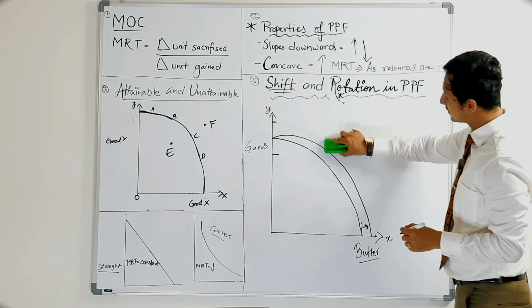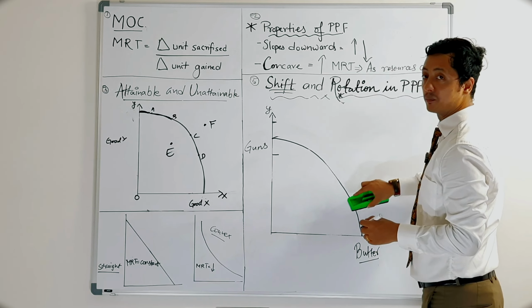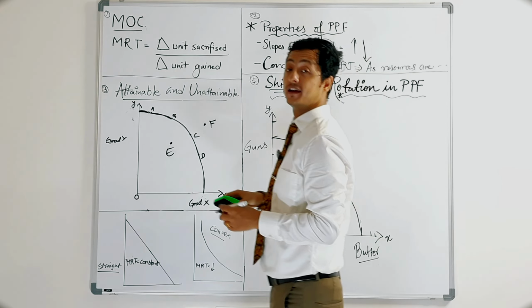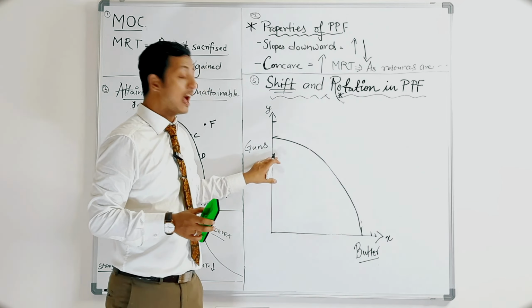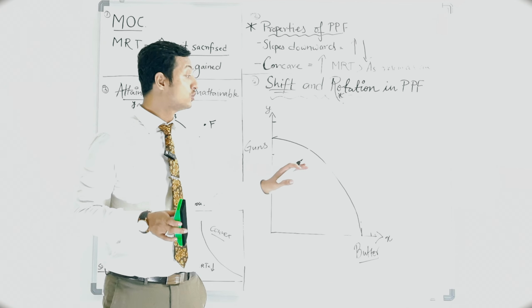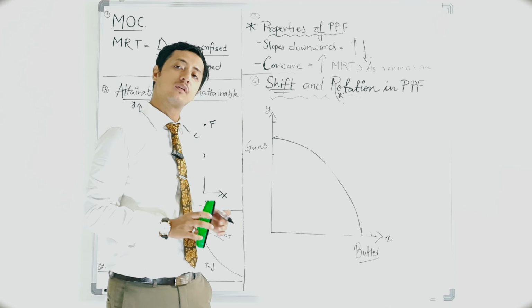Sometimes there can be a tricky question. Let's say in an economy, the resources for producing guns have reduced, but the resources for producing butter have increased. Now, how will the PPF curve react?